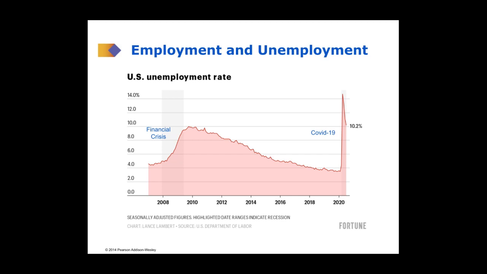Then it peaked around 15%, and then came down to about 10% shortly after that, and is now sitting in the beginning of 2021 around 6.5%. So that gives you an idea of some of the unemployment figures that we've seen over the last 12 years. Now, this definition of unemployment is using the U3 definition, the official Bureau of Labor Statistics definition of unemployment.